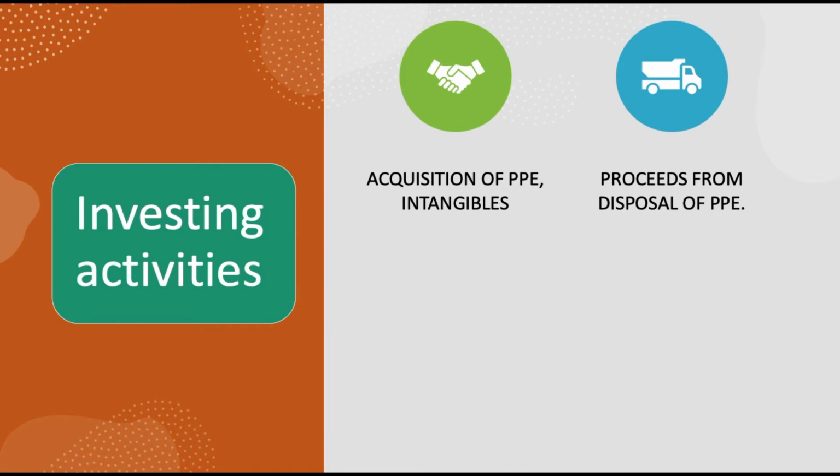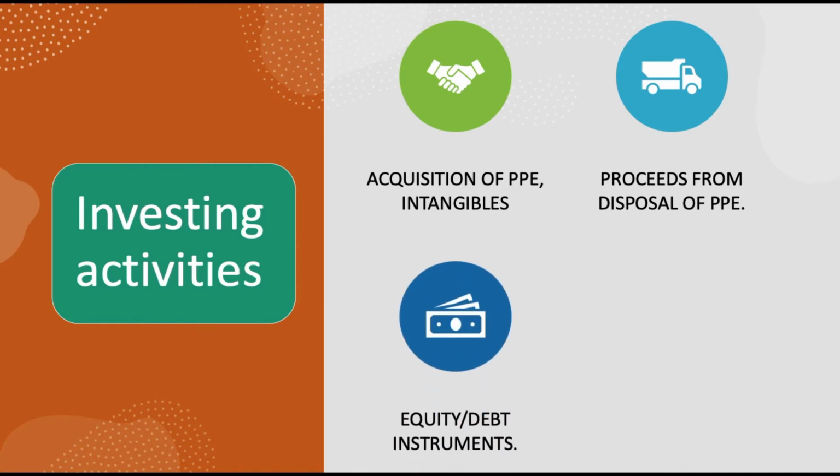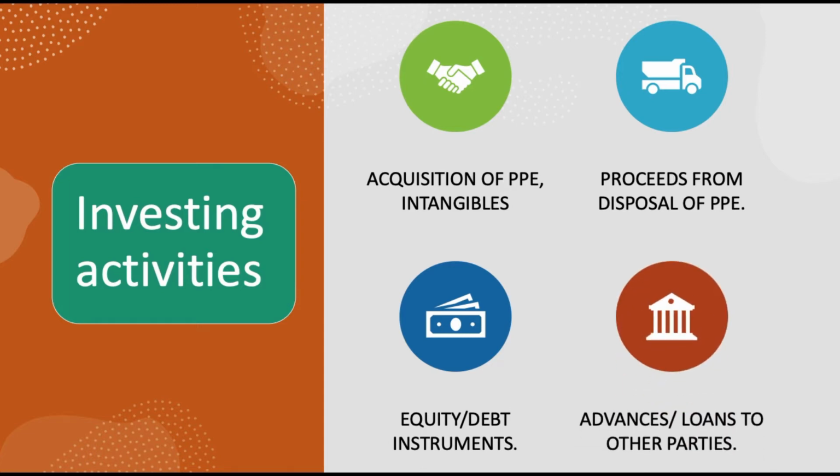Another possibility under investing activities is equity and debt instruments. Imagine dividends are received, so these would be cash in and increase net cash and cash equivalents. The last scenario under investing activities would be advances and loans to other parties.